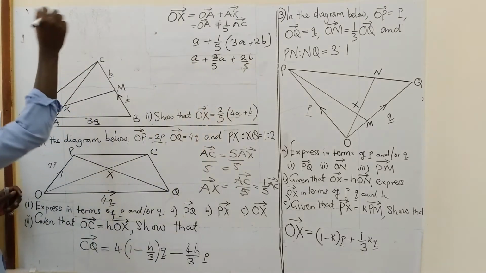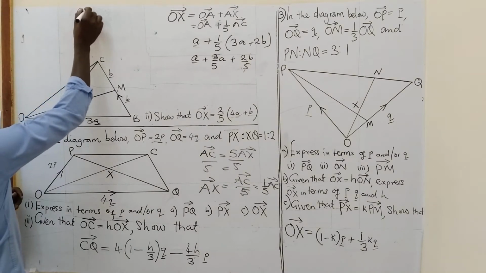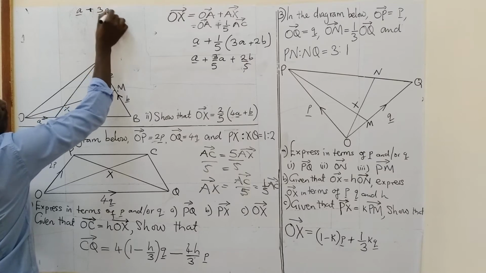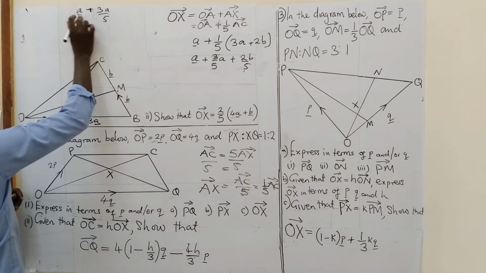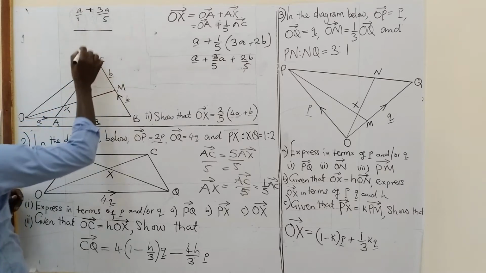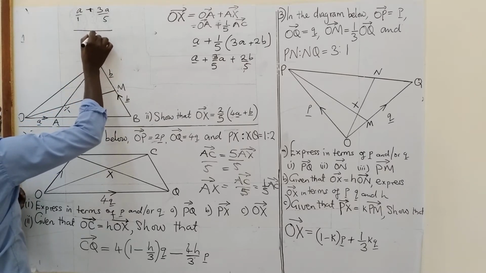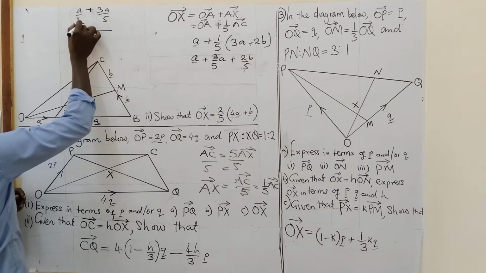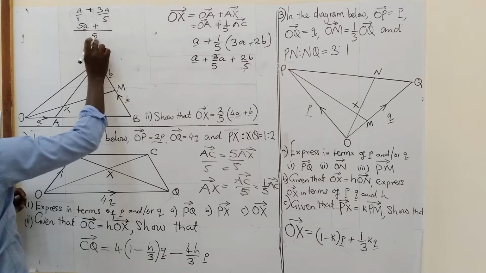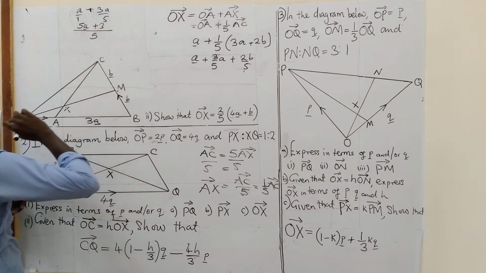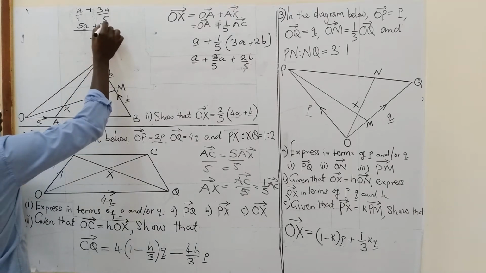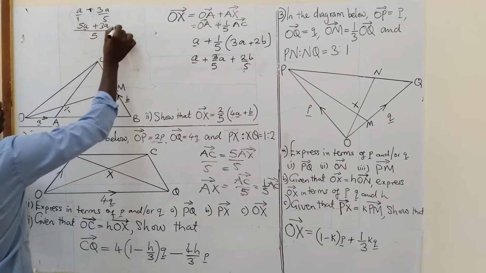So I'm going to get a plus 3a over 5. What do I have here? There I have 1. What is my lowest common multiple? It is 5. 1 into 5, we're going to have 5 multiplied by a to be 5a. Plus, this is 1. So when we add this, what do we get?